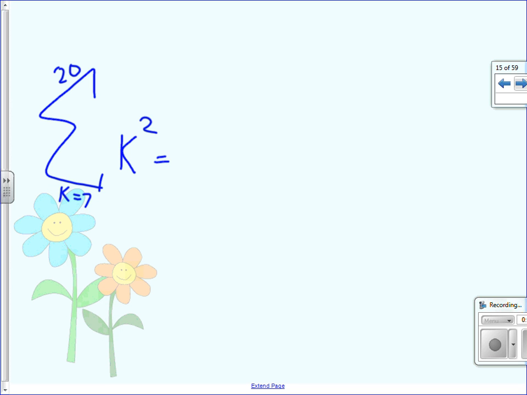So what you have to think about is the fact that the formulas go from 1 to 20. So what I'm going to do is calculate what it would be from 1 to 20. But then what I can do is take away what it would be from 1 to 6.